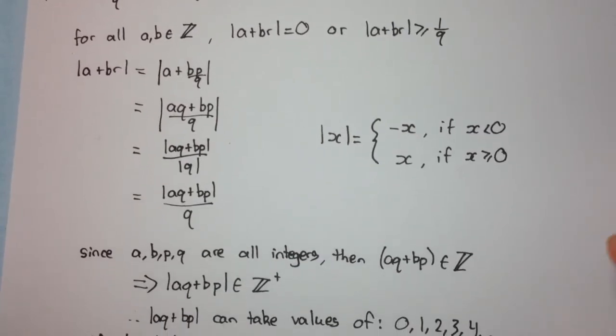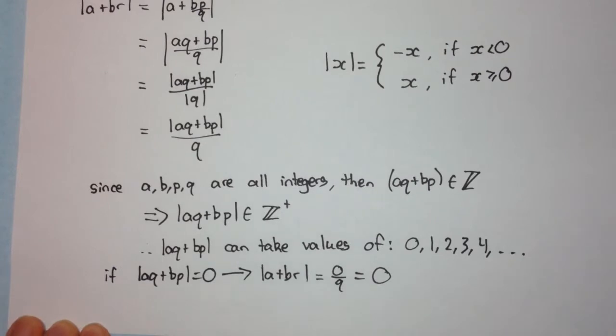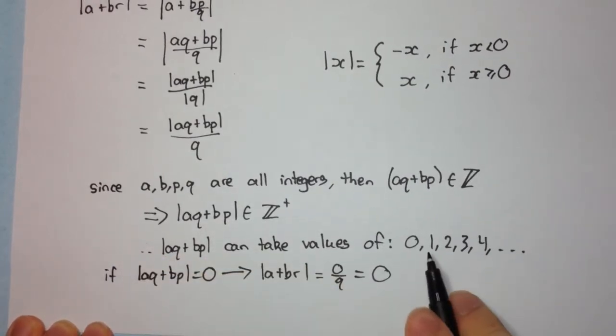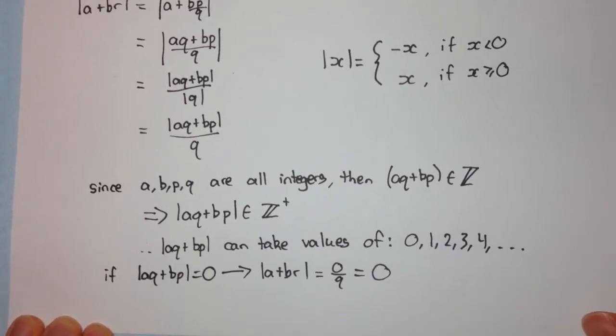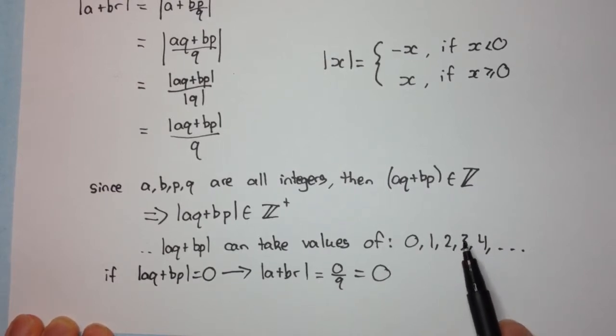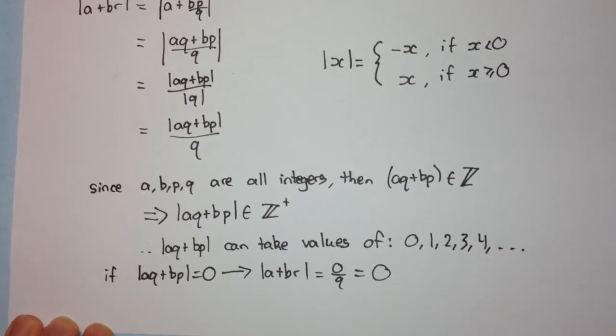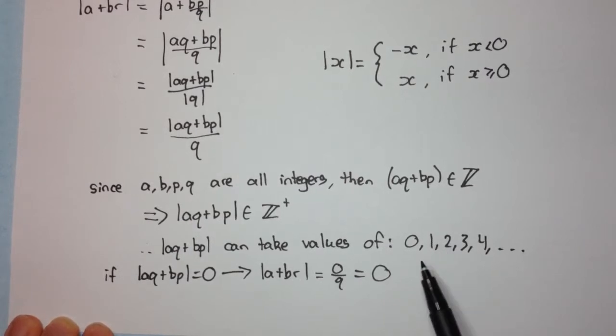Now, how can we justify this statement? Well, if it's taking any other integer value, then the smallest value it can take is going to be 1. If it was 2, it'd be twice as big. If it was 3, it'd be bigger still, and so on. It'd keep getting bigger for every integer value that you go up by. So if it's 1, then that's going to be the smallest possible value you can take.